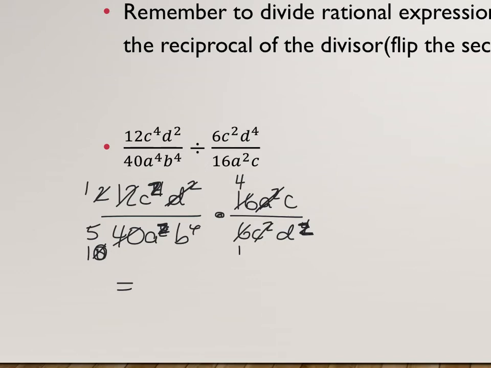On the top, it looks like we've got 4 and c cubed. On the bottom, I've got 5a squared b to the 4th d squared. And that would be my final answer there.